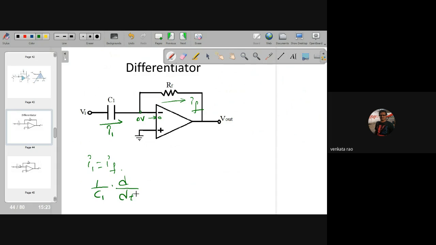So C1 d by dt of (Vi minus 0) is equal to IF, which is 0 minus V output by RF.